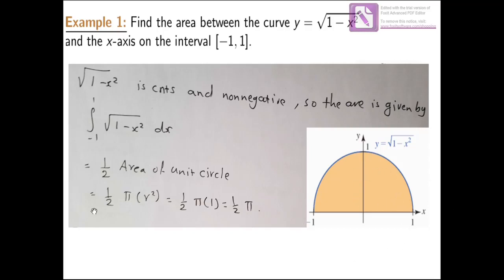We write half the area of the unit circle, and we know that the area of a circle is given by pi r squared. So we get half pi r squared, where r equals 1, so half pi multiplied by 1 gives us half pi unit squared.